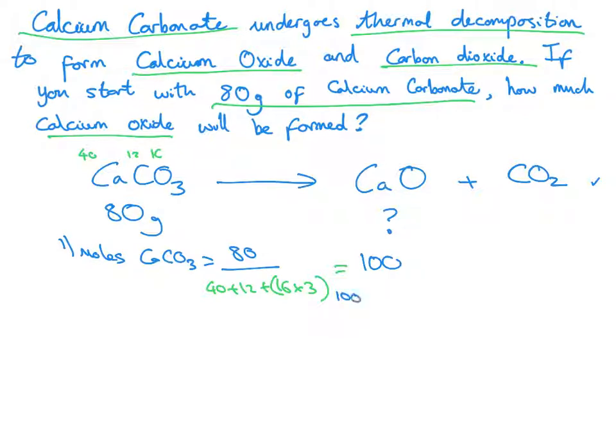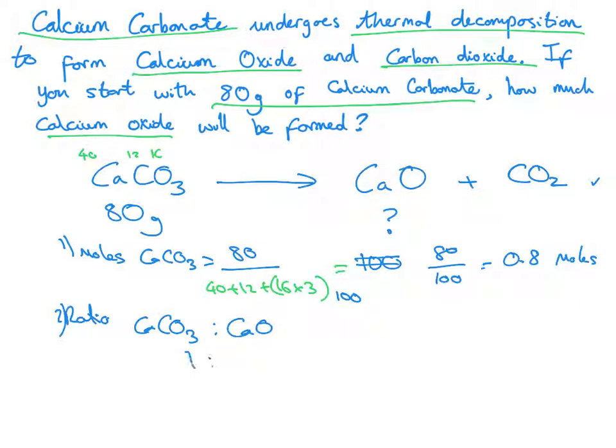The Mr is 100. Therefore it's 80 over 100 equals 0.8 moles. Now my ratio of calcium carbonate to calcium oxide is 1 to 1. Therefore I've also got 0.8 moles of calcium oxide.